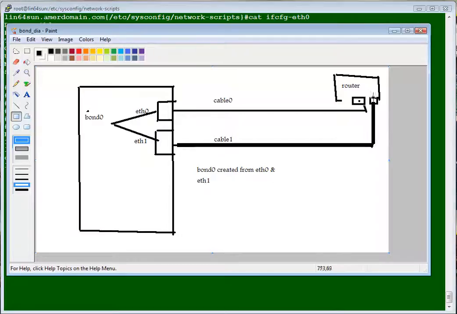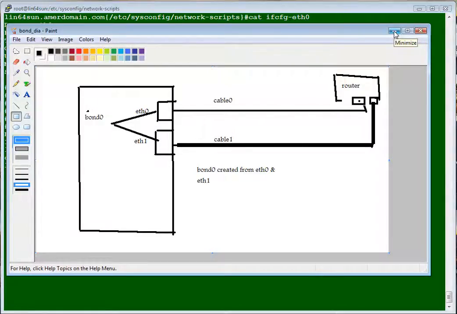You have everything twice. That's the reason you have to configure bond0. If something is down, bond0 or your machine doesn't know what was down, because you have configured it in such a way that if one is down, another one is still up.